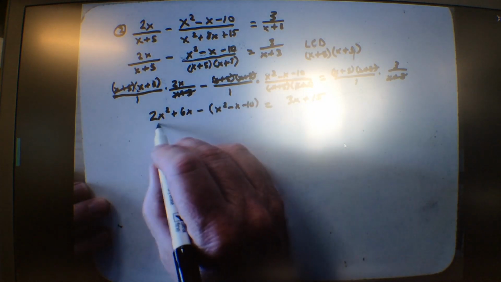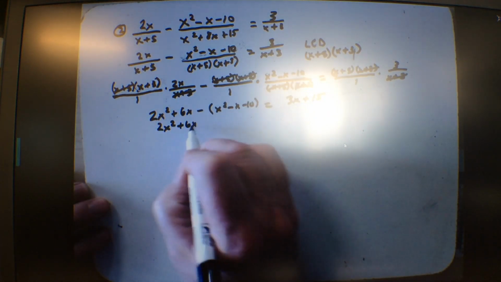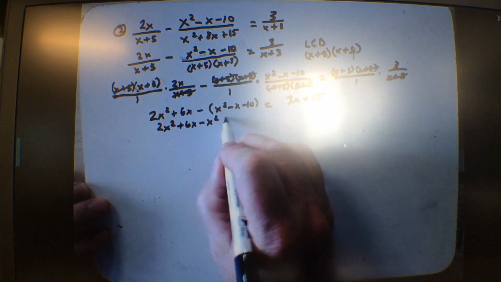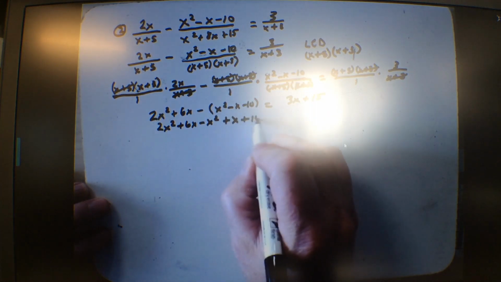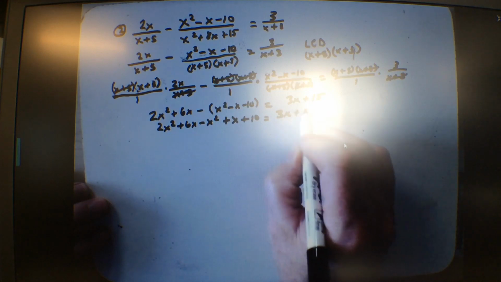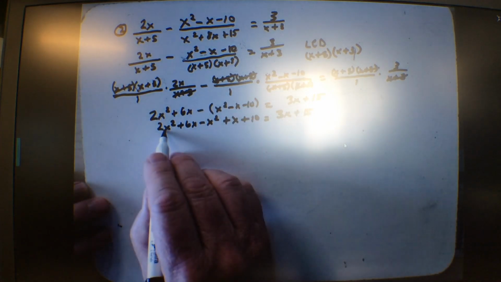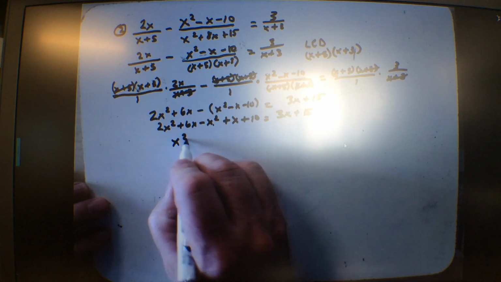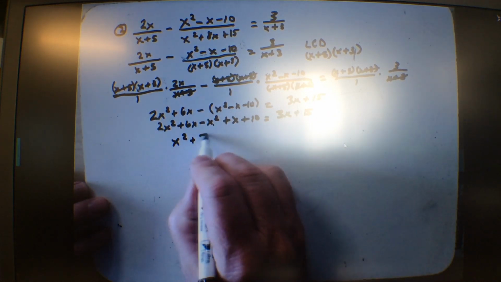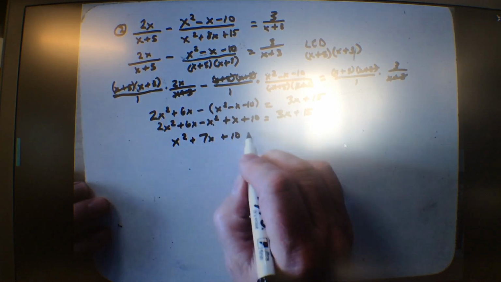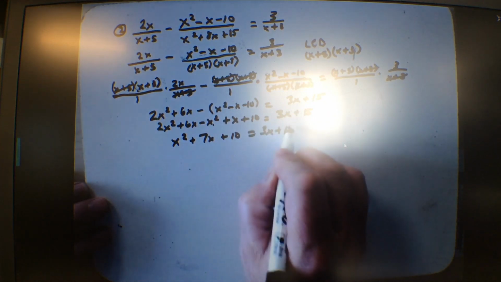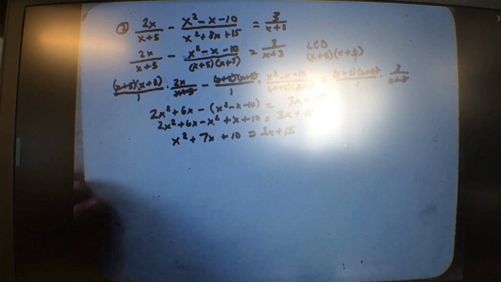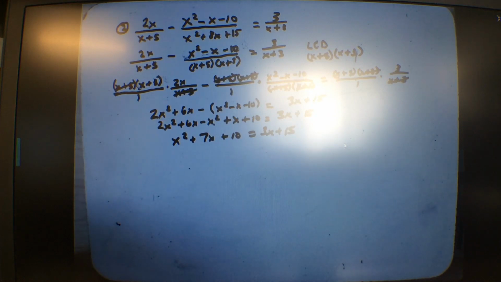Okay, so I'm going to bring the minus sign through, so I have 2x squared plus 6x minus x squared plus a positive x plus 10 equals 3x plus 15. So 2x squared minus x squared is 1x squared. 6x plus that is 7x plus 10 equals 3x plus 15. All I'm doing is simplifying here. Now I'm going to move everything to the left side and try factoring it because I have an x squared term.